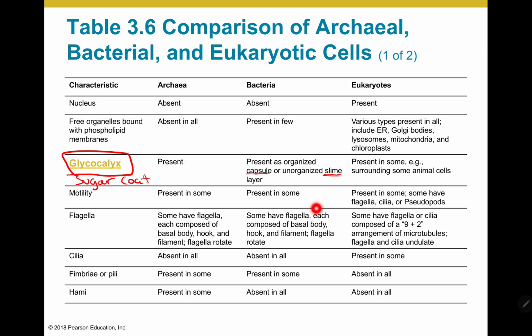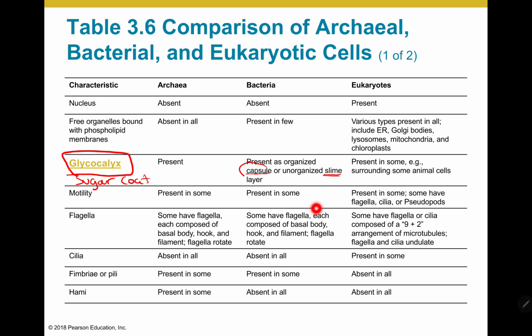So the capsule is going to be able to strongly adhere to the cell wall, and it helps the bacteria adhere. It also helps the bacteria prevent phagocytosis from your body. It could even trigger endocytosis, making the cell take it in, but it can escape phagocytosis, or being eaten.